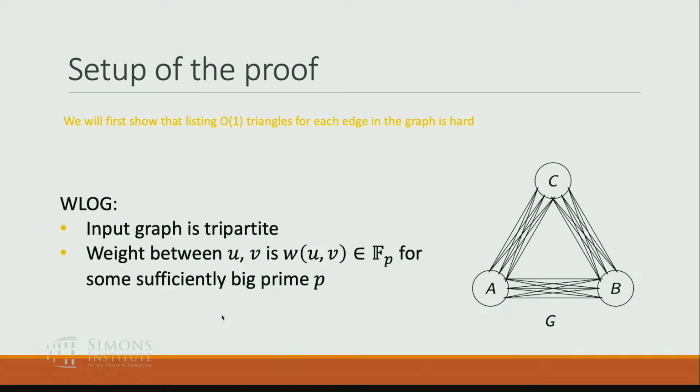And we also assume the edge weights are from some finite field F_p for some sufficiently large prime p. We can just take this p to be, for instance, 3 times greater than the max absolute value of the input edge weights, and mod all the edge weights by p. Doing this will not change the set of zero-weight triangles in the input graph.